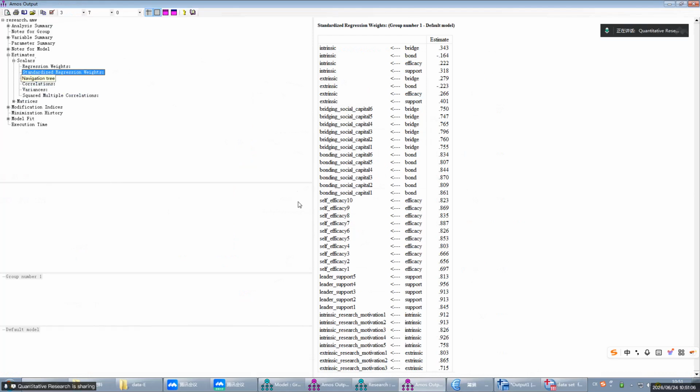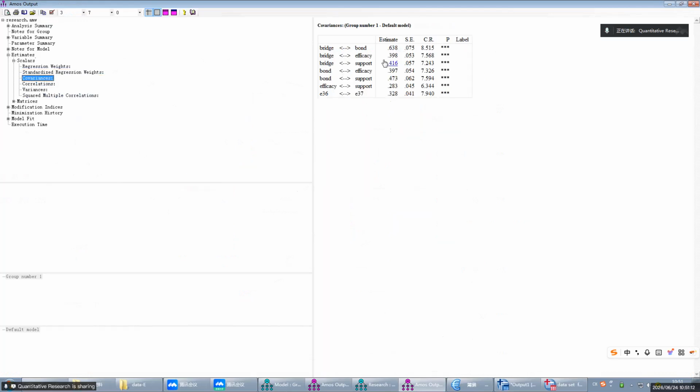When you find covariances, what is covariances? Correlation. It's correlation because you can see there are double arrows.